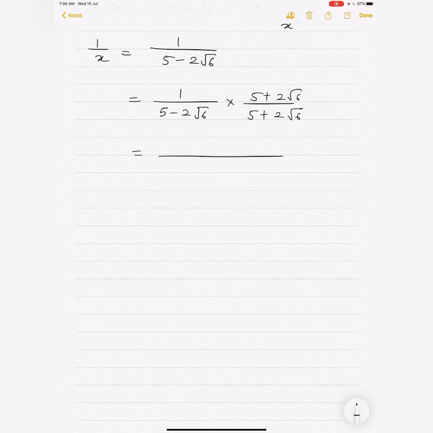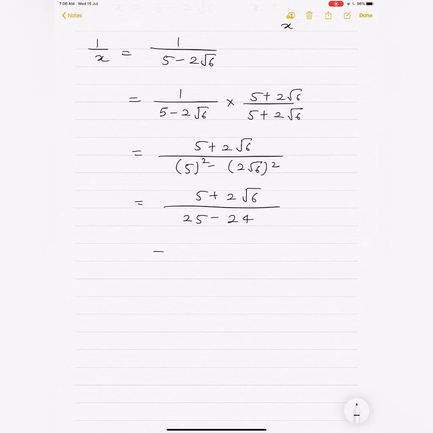Now what is a minus b into a plus b? It will be a squared minus b squared. And this becomes 5 plus 2 root 6 divided by 25 minus 4 sixes are 24. So even that comes to 5 plus 2 root 6. So that's the value of 1 upon x.